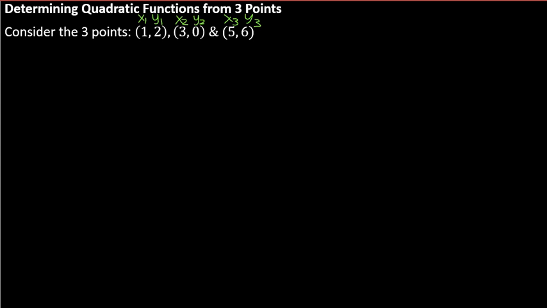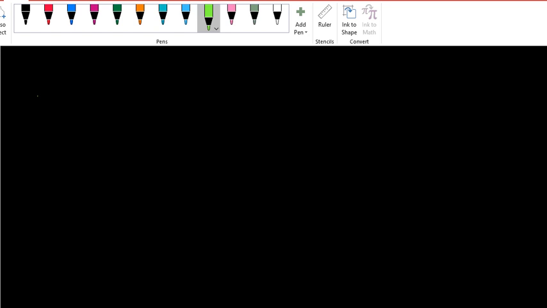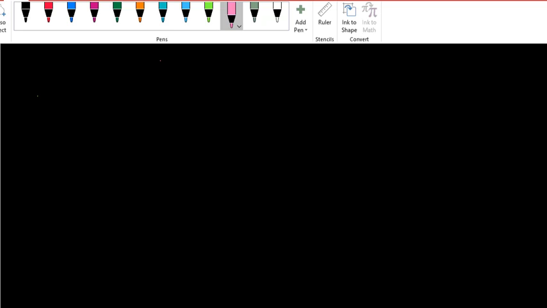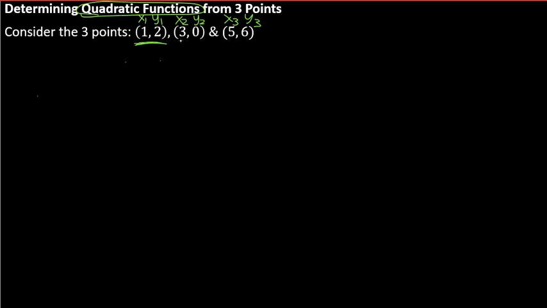Given these 3 points, and assuming you have a quadratic function that passes through them, you can calculate what quadratic function exactly passes through those 3 points. Okay? So the way we would do that, let's keep using green. Let's say this point 1 right here. This is where we are going to use standard form.